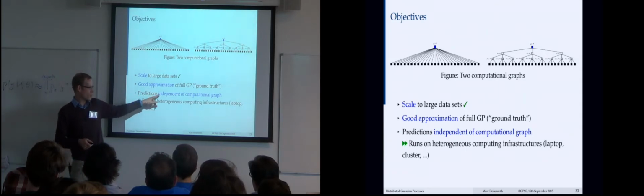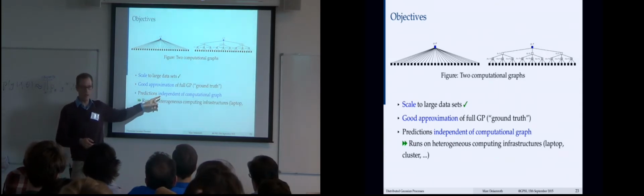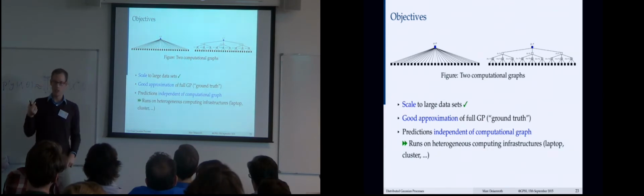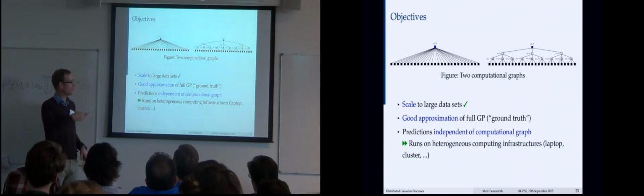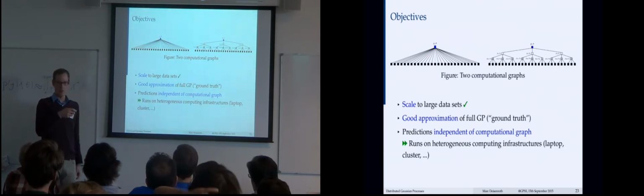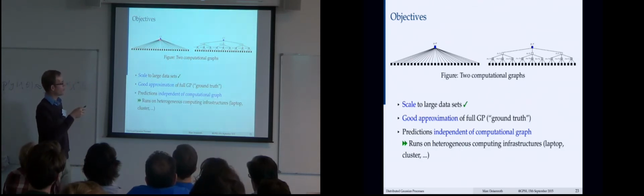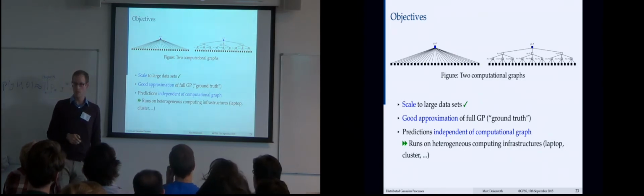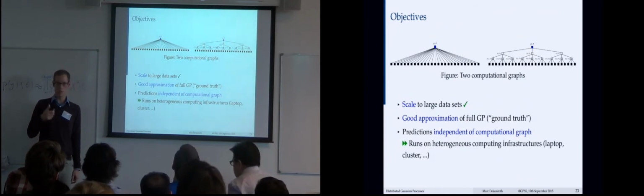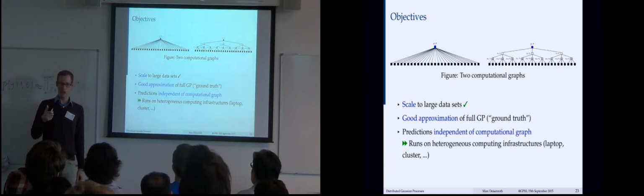The predictions should be independent of the computational graph. I have 2 computational graphs over here, and each of these has 27 nodes or leaves. Ideally, independent of how I chain these computations together, the result here and here should be the same. This is potentially interesting for people or companies with really large-scale infrastructure.